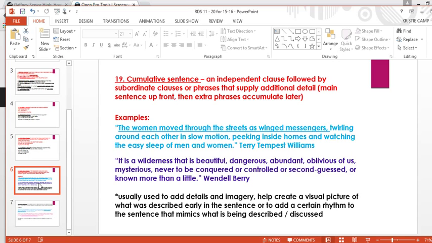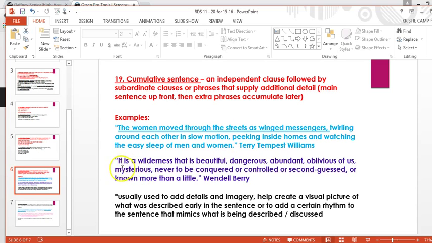For instance, the women move through the streets as winged messengers, twirling around each other in slow motion, peeking inside homes and watching the easy sleep of men and women. Your main sentence is this underlined part: the women move through the streets as winged messengers. And all this added on at the end is just extra detailed description. That makes it a cumulative sentence.